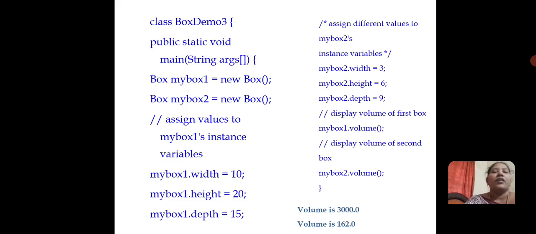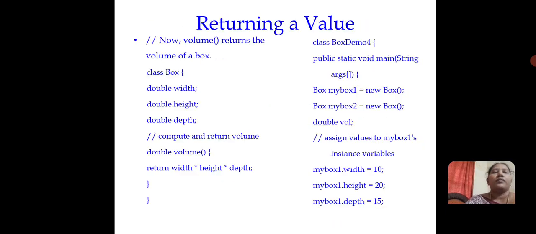Similarly, for the second box you will use mybox2.volume, that means 3 into 6 into 9, therefore you will get the value 162. In this way you can call the method using the object. You can use methods inside Java.